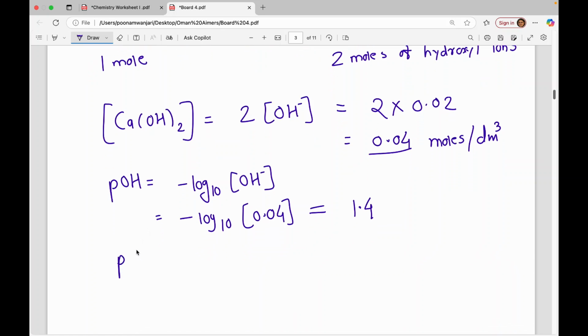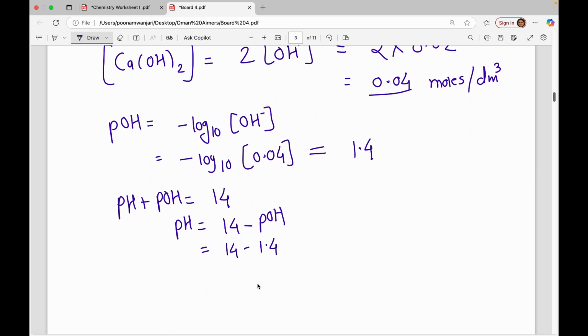As we know, pH plus pOH is equal to 14, and pH is equal to 14 minus pOH. So 14 minus 1.4. Just use your calculator, students, and put the answer in the comment.